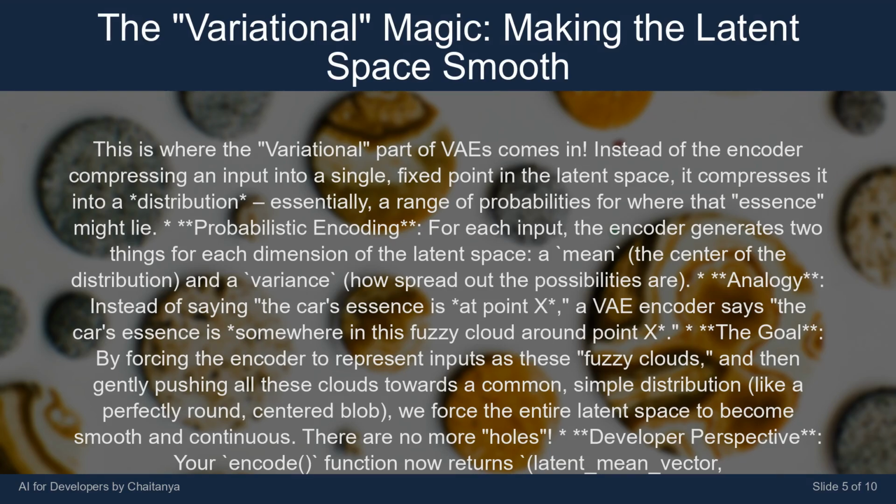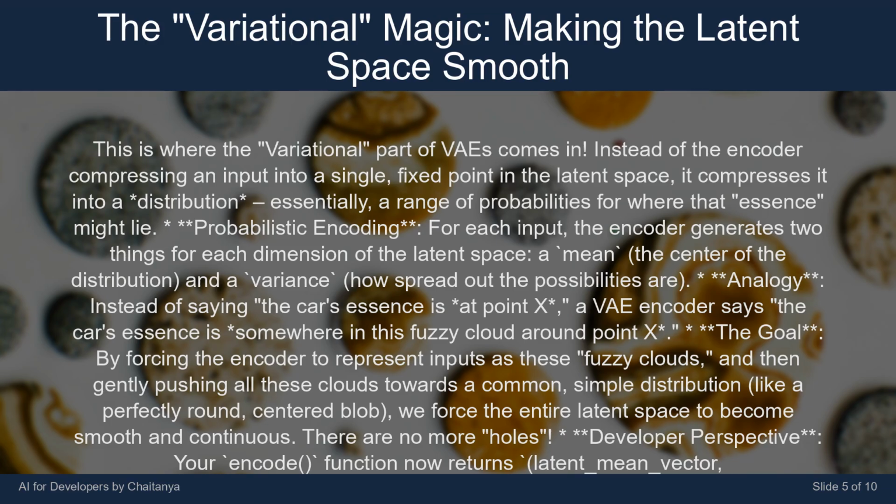Instead of the encoder compressing an input into a single, fixed point in the latent space, it compresses it into a distribution, essentially a range of probabilities for where that essence might lie. Probabilistic encoding.